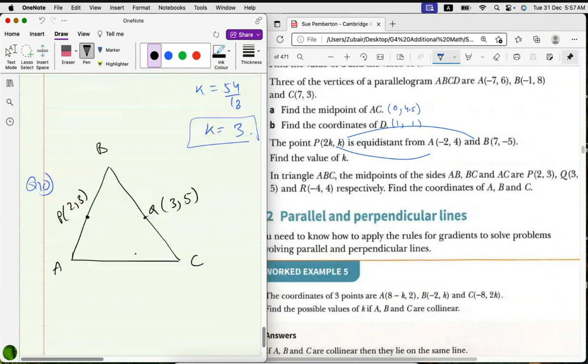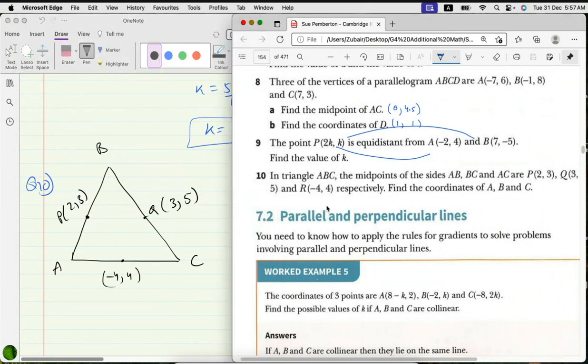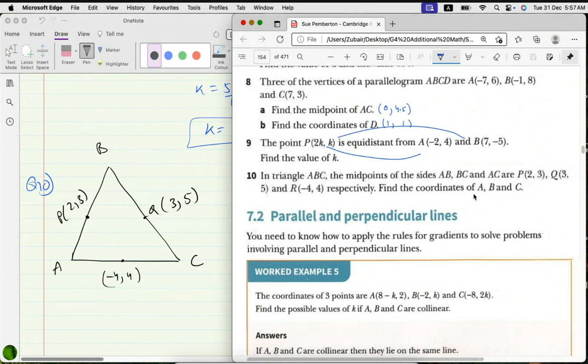And this is R, -4, 4. The midpoints of sides AB, BC, and AC are P, Q, R: 2, 3, 3, 5, and -4, 4. Find the coordinates of A, B, and C.